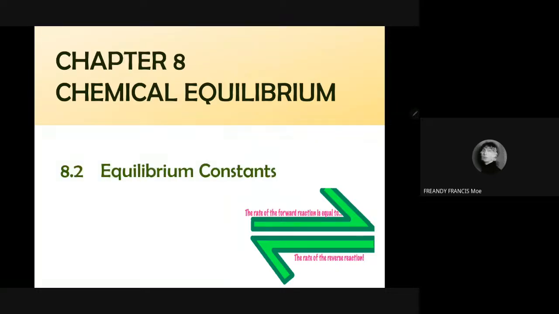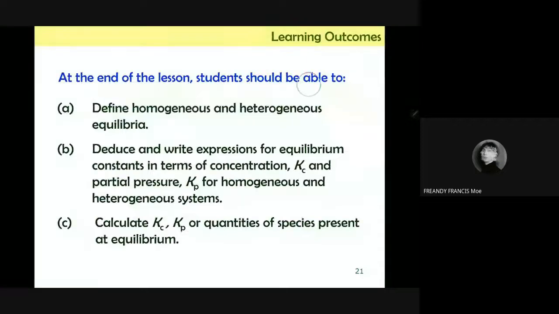Okay. So we're going on to 8.2, equilibrium constant. So let's have a look at the learning outcome of this part of the chapter. So at the end of this chapter, kita kena boleh define what homogeneous and heterogeneous equilibria. So equilibria ini, this is plural for equilibrium lah.